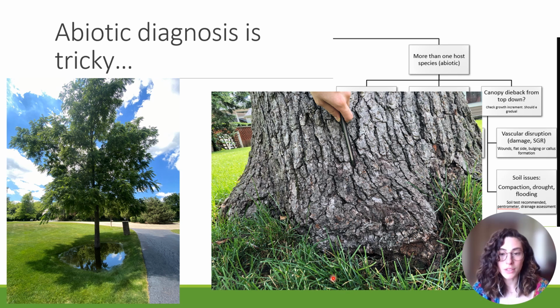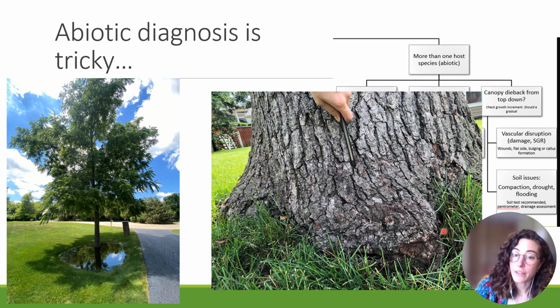Sometimes there can be a sign, but a lot of times it's reactions, meaning symptoms. So bulging at the base, a flat side at the base of the tree, these can be symptoms of stem girdling roots or mechanical damage, because bulging is just a reaction to an internal issue or a below ground issue. Same thing with a flat side.